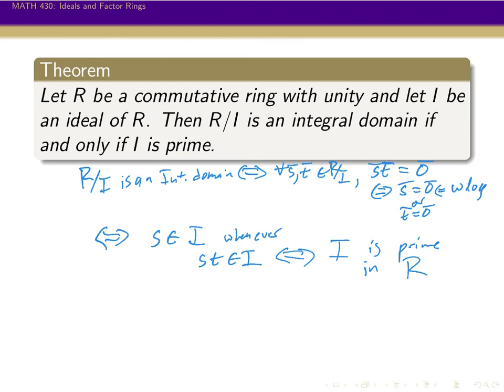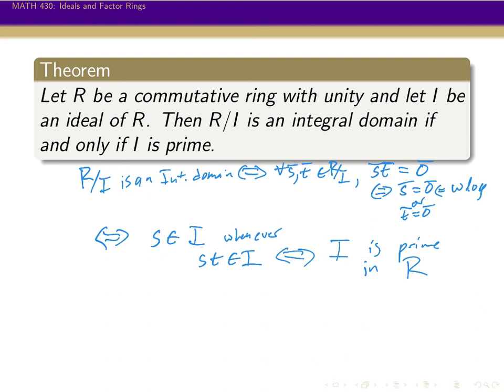So R mod I is an integral domain if and only if whenever we have two things multiplying together equaling the 0 in that quotient ring, then one of them had to be equal to 0 in the quotient ring to begin with. And so this is the same as saying that one of them had to be in the ideal, because that's what it means to be equal to 0 in the quotient ring, whenever the product is inside the ideal.